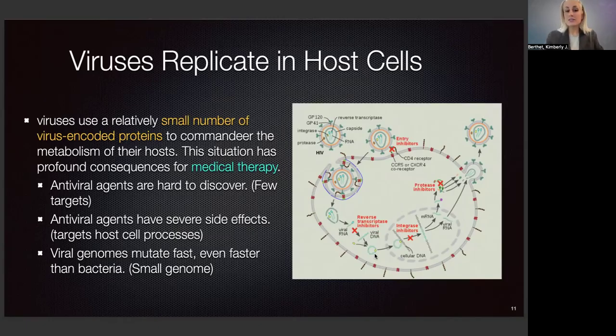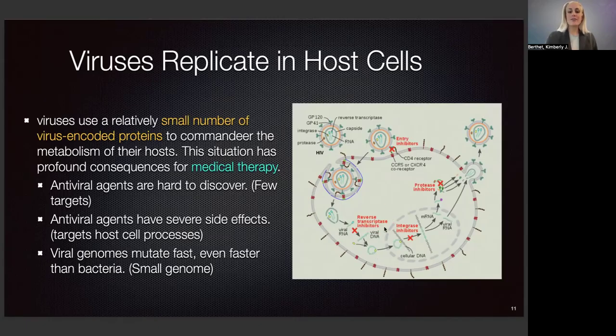Now, because viruses are not independent and they rely on the enzymes within the host cell, it makes it harder to target viruses that are pathogens, because we can't target their main enzymes. If we target their enzymes, we're actually targeting our enzymes. One enzyme that's unique again, though, is reverse transcriptase.